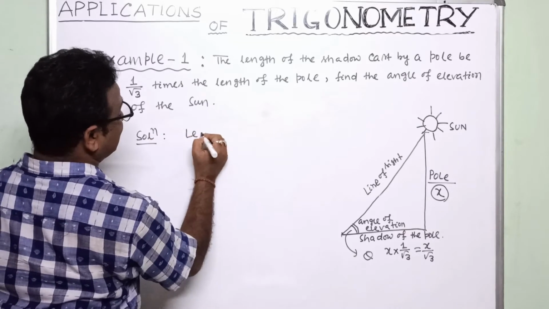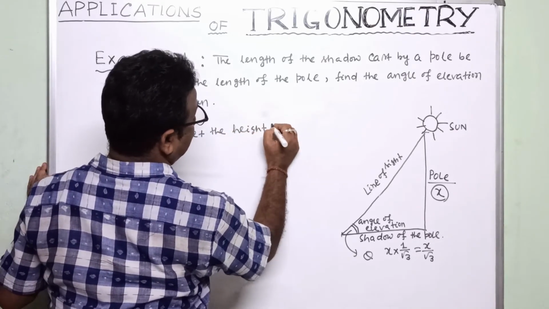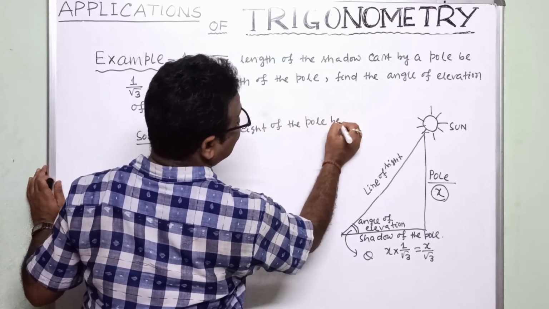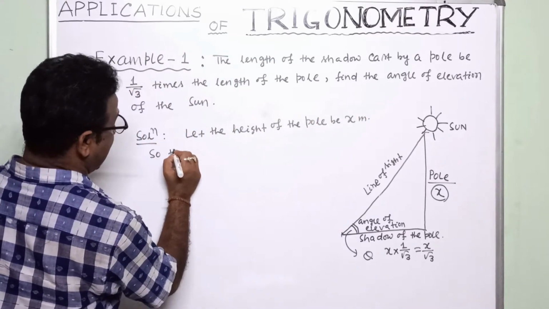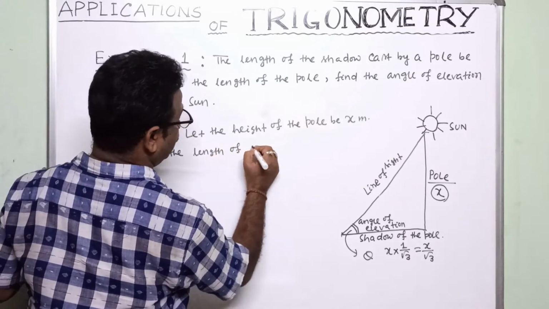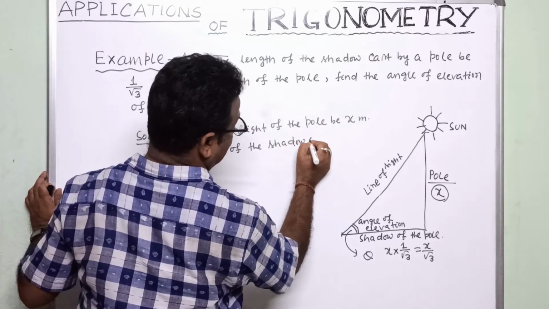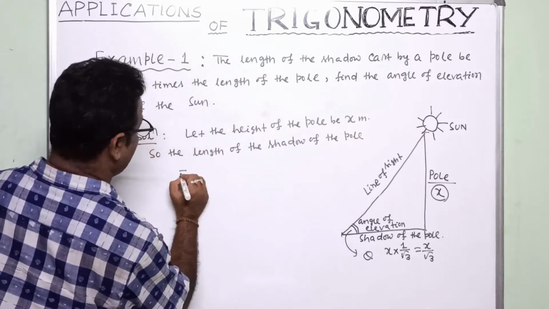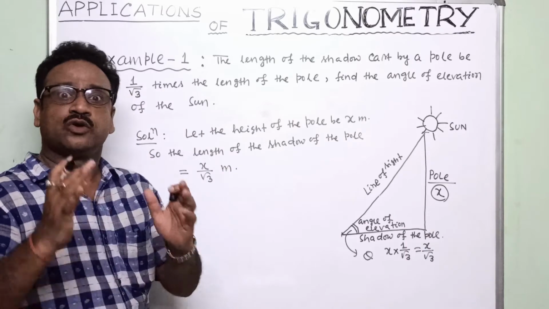Let the height of the pole be x meter. So the length of the shadow of the pole is x by root 3 meter according to our question.